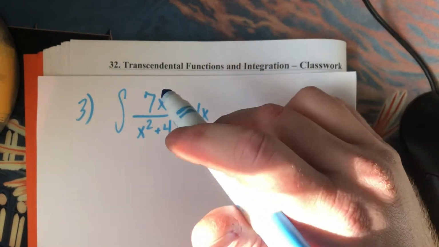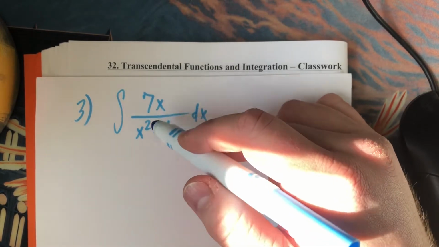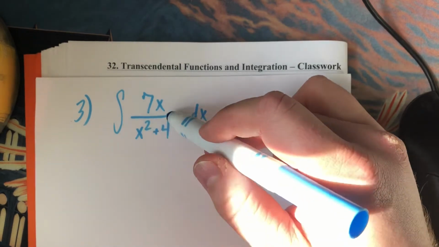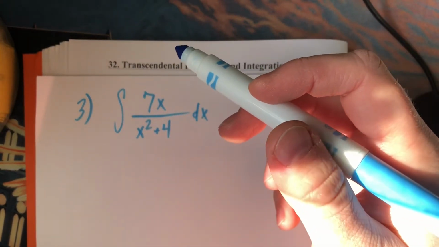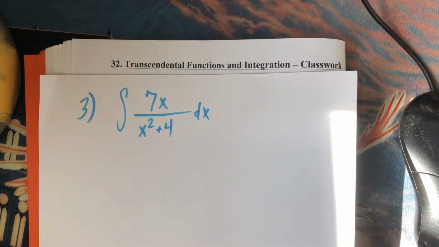So I look at this and I see a fraction, and fractions with x on the top and bottom, either I have to do something to this or it fits in a special formula. And so I go through my list of special formulas that I have memorized, or I go to a table and look at all the special formulas and see if this is close to a special form.